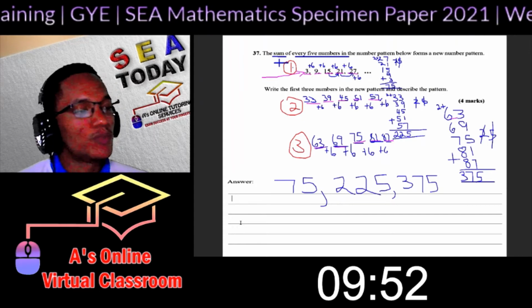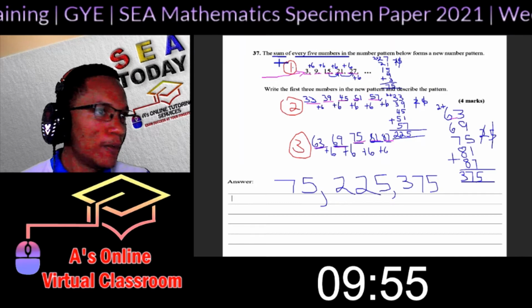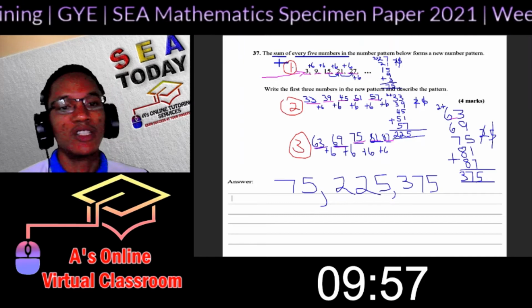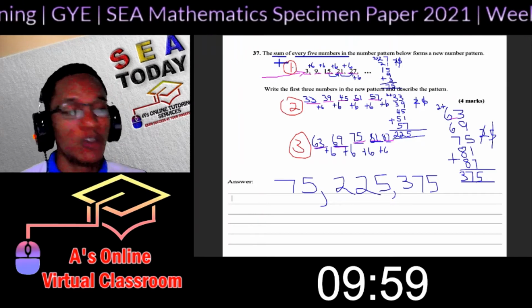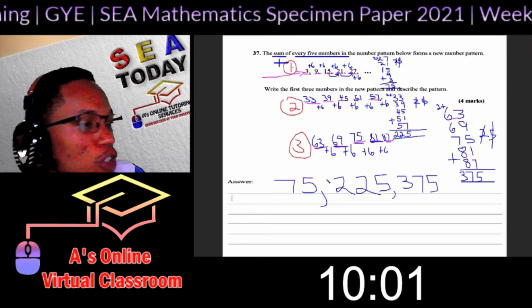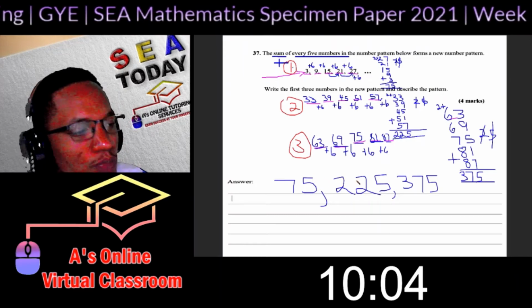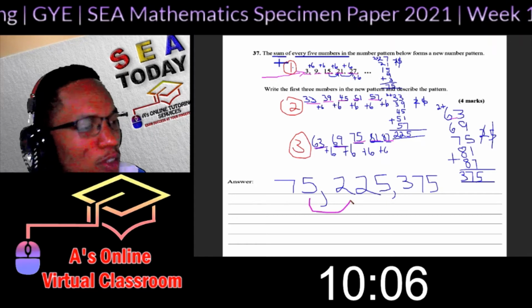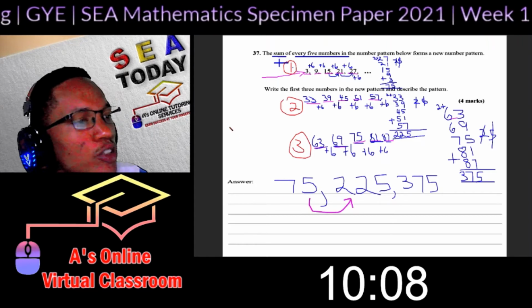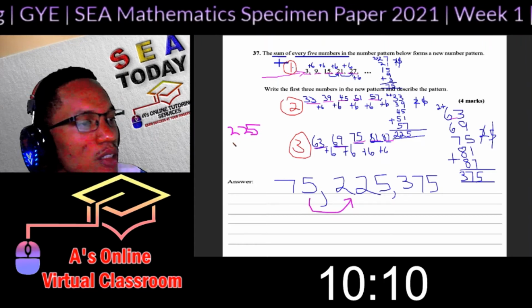As I said before, addition is the easiest thing to go to first, to see how much you would add to get from 75 to 225. If you subtract those two, you will get how much that is.